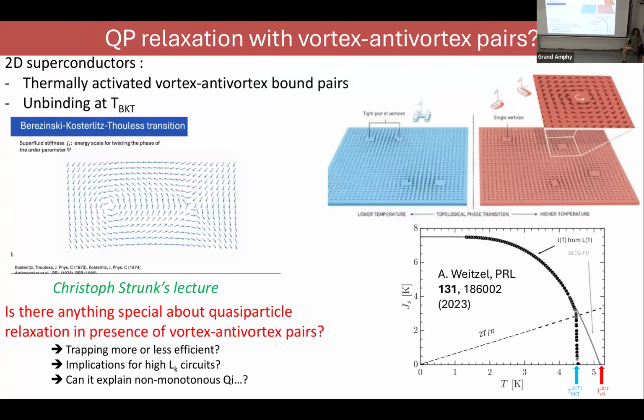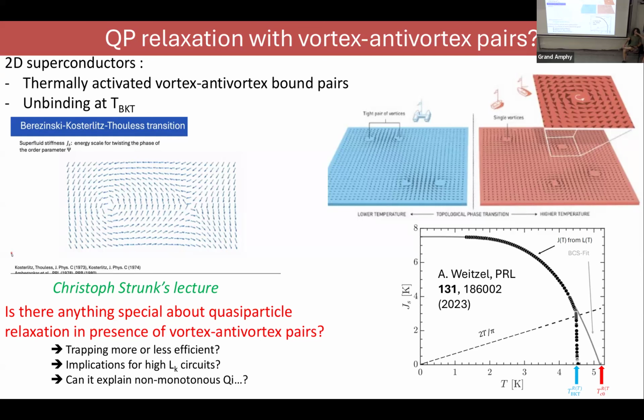My question is, what happens if you use a superconductor like hydride or aluminum, which has this function of temperature? You can see there's this BKT transition. But if you go slightly below, it means that you have vortex pairs.